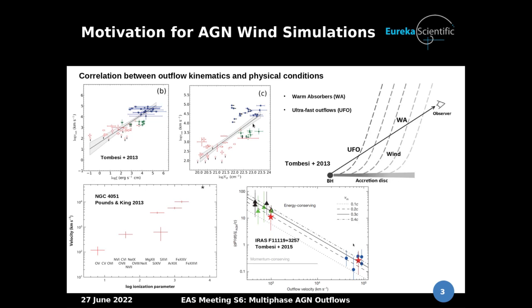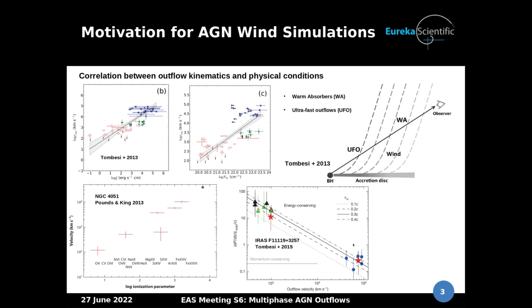And there is also a work by Pounds and King on NGC 4051, and they fit warm absorber, different components of absorbing components, and as you see, there is a correlation between velocity and ionization parameter of different absorbing components.